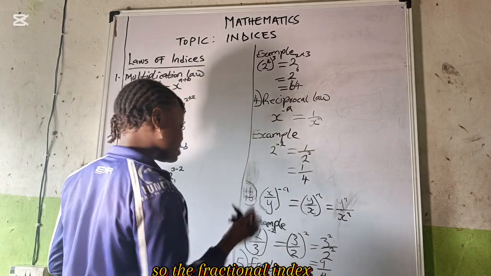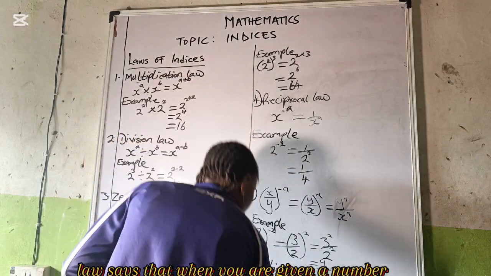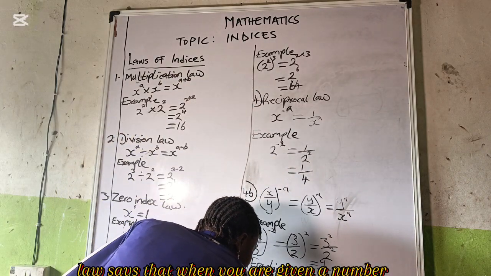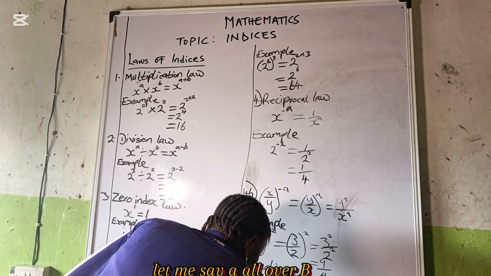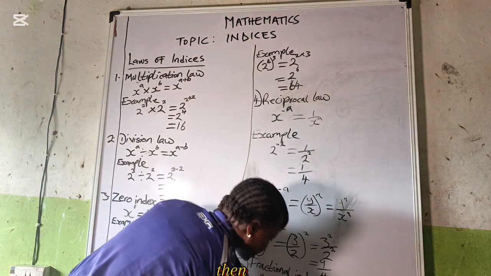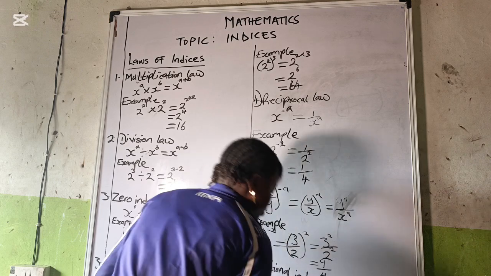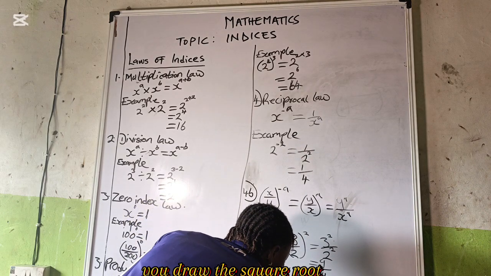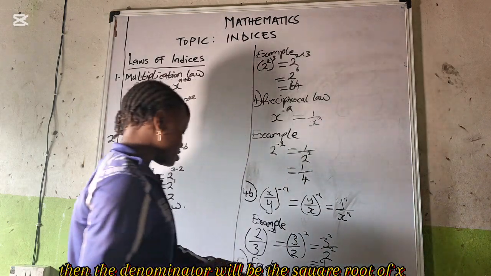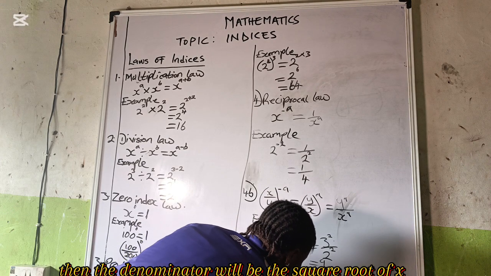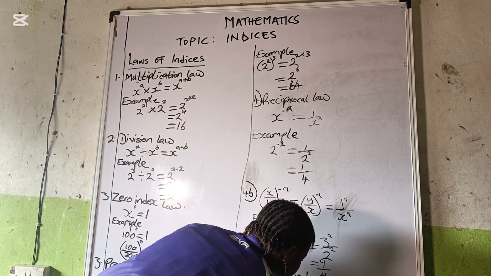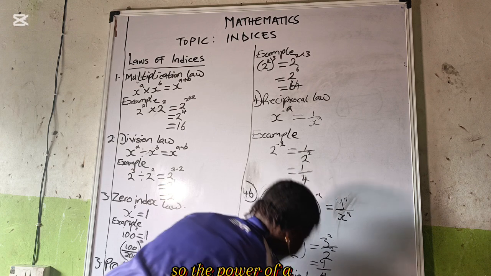So the fractional index law says that when you are given a number and the power is a fraction, let me say a over b, then you draw the root, the denominator will be the root of x, raised to the power of a.